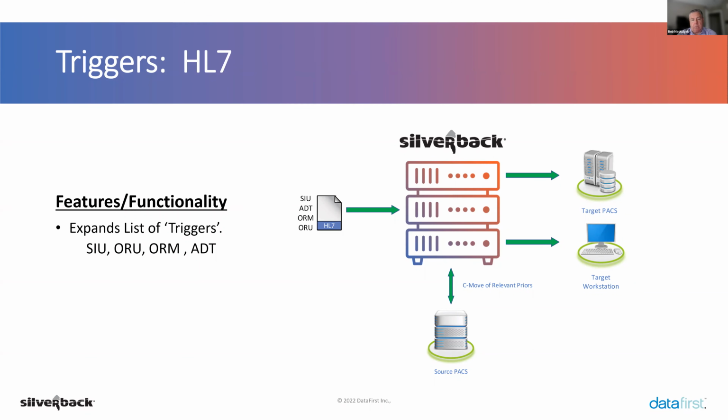We would then query your source PACS system dynamically for any related priors that would be relevant for that new inbound study from a comparison perspective. The right side of the equation is really the same. We could move those to any number of targets that would be required to have those.